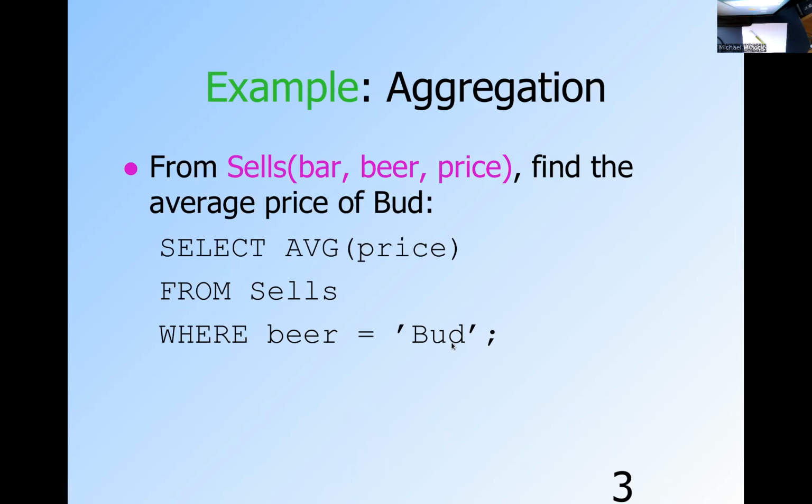So all the beers that are bud. In this case, this sells table has a bar that's selling the beer. So for all the bars that sell bud, what is the average price of bud? That's what this will report.